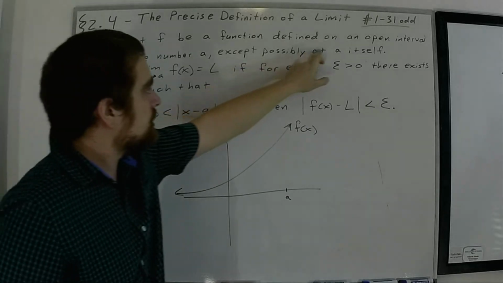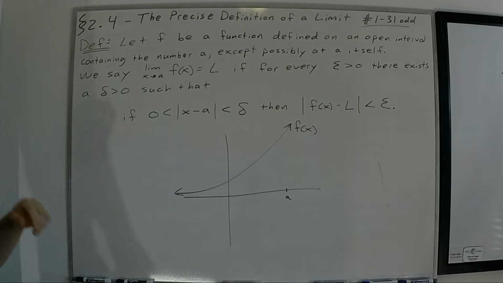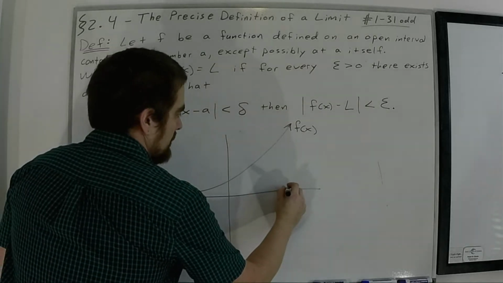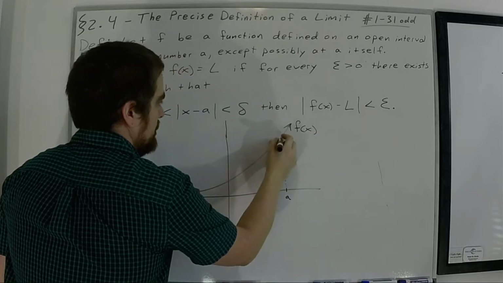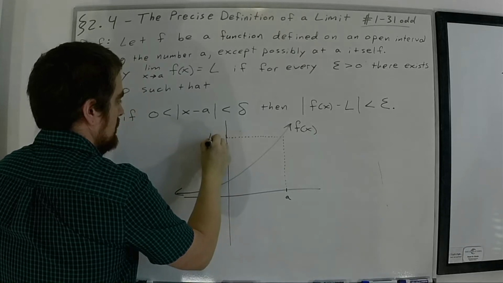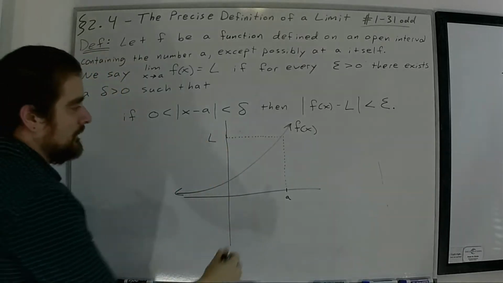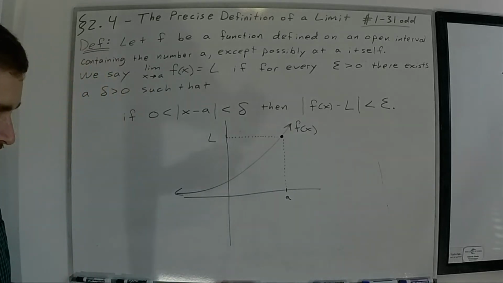So that's what this little stipulation is, except at a itself, possibly. That means that if I look at this function as x approaches a, it should give me a limit of L. So as x approaches a, I'm finding the limit to be L.